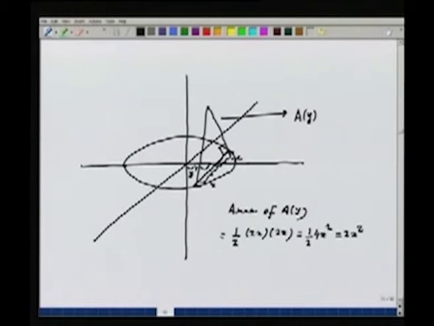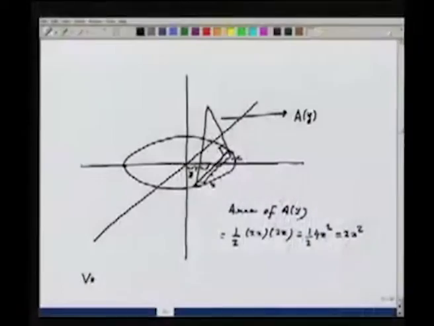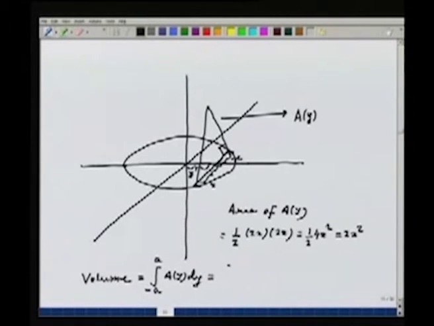Okay. Then what I want to know is the volume, which by my formula by slicing would be given by the integral from minus a to a, because y certainly varies from minus a to a, of A(y) dy, that is the integral from minus a to a of 2x square dy.